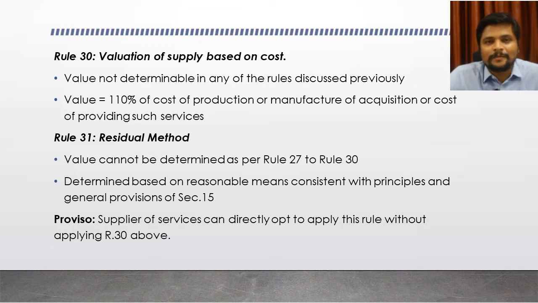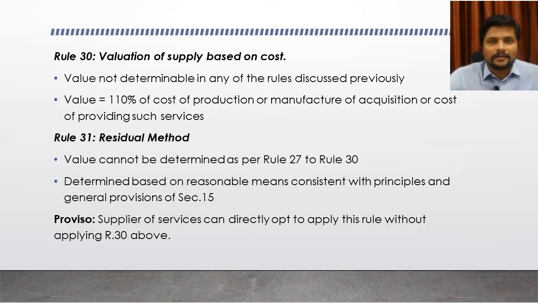That will not be reasonable for the particular supplier as well. So in order to benefit those types of suppliers, the proviso says that you need not apply Rule 30 and can directly resort to Rule 31, and you can have your own method of doing this valuation, and you can at least try to be consistent with the principle of general provisions under Section 15 of the CGST Act. That is the proviso here.